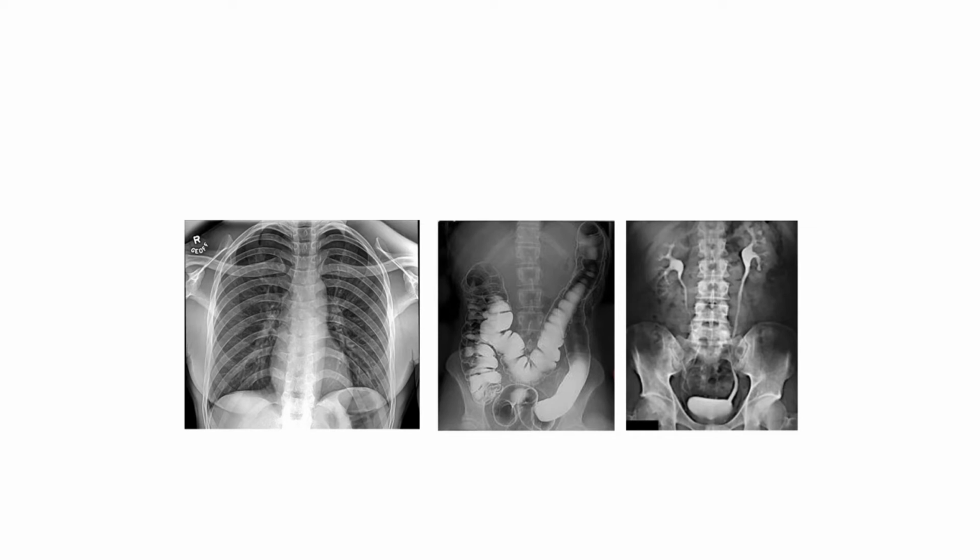There is no radio contrast dye injected to take this skyagram. However, in the other 2 skyagrams, the radio contrast dye has been injected in order to enhance the outline of the GI tract in the center skyagram, and the urinary tract in the right side skyagram. So you can clearly see how the contrast skyagram looks.